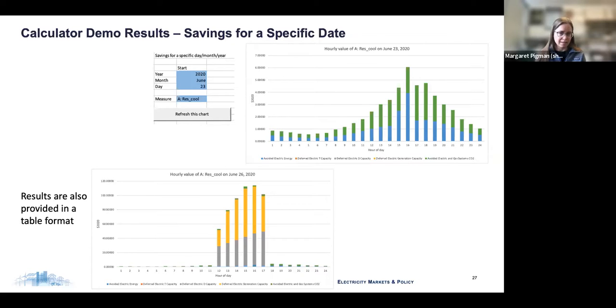You can see that on the typical day, most of the value comes from avoided electricity consumption and avoided CO2 emissions, whereas on the peak day, not only is the value much, much higher, it also mostly comes from deferred capacity costs rather than the other 2 value streams. Next slide, please.